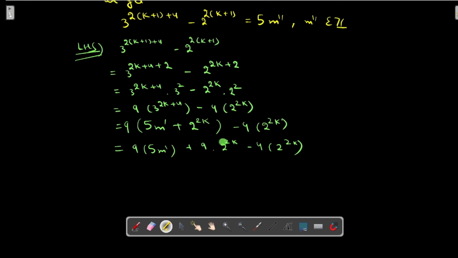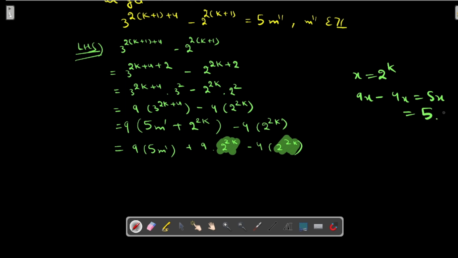You have 2 to the power of 2k and 2 to the power of 2k, the same. And think of it like x is equal to 2 to the power of 2k, right? So it becomes 9x minus 4x, and that's equal to 5x. Let's sub in back. So it will be 5 times 2 to the power of 2k. Okay, it gives you 9 times 5m dash plus 5 times 2 to the power of 2k.